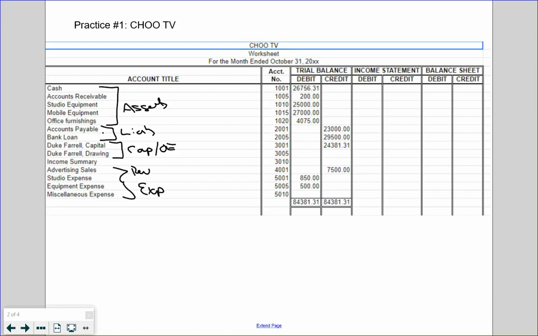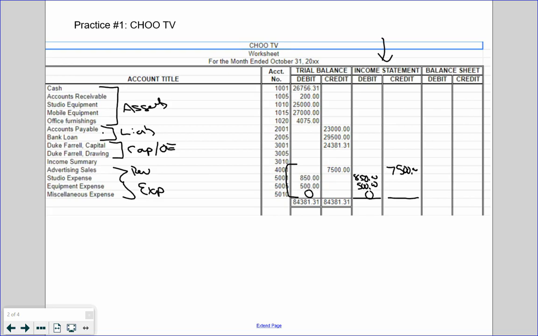Revenue and expenses get put to the income statement. So revenue gets copied to the credit column. Expenses get copied to the debit column. If it's debit here, it stays debit here. Miscellaneous must have been 0, which is why there's nothing there.